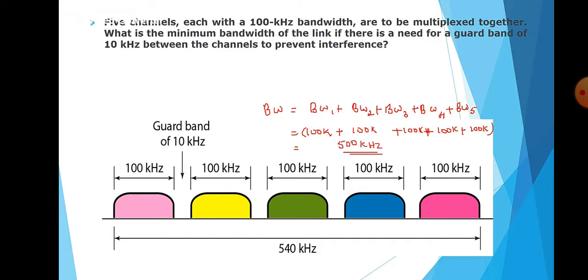Now on consideration of a guard band, the guard band frequency is given as 10 kilohertz between the channels. So this is the first channel, second, third, fourth and fifth channel.